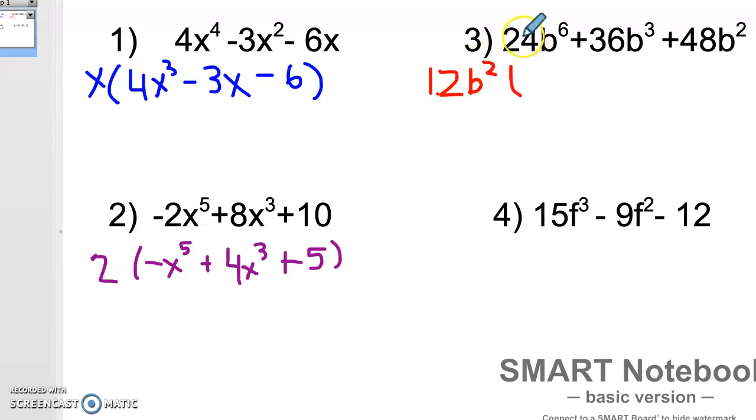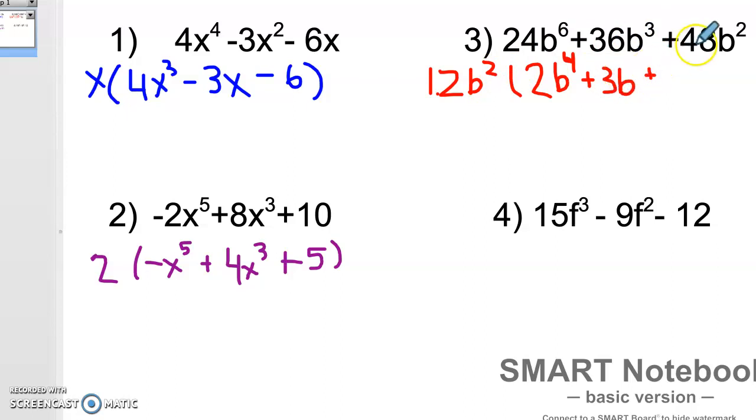So we're going to say 24 divided by 12 is 2, and b to the 6th divided by b squared is b to the 4th. And remember, with division, you subtract the exponents. Then we have 36 divided by 12 is 3, and b to the third divided by b squared is just b.